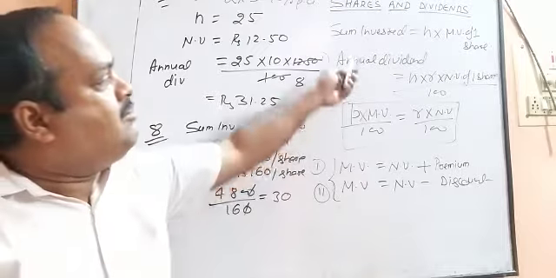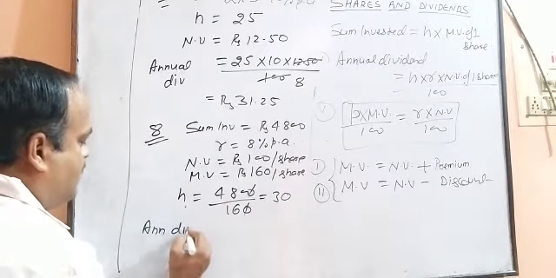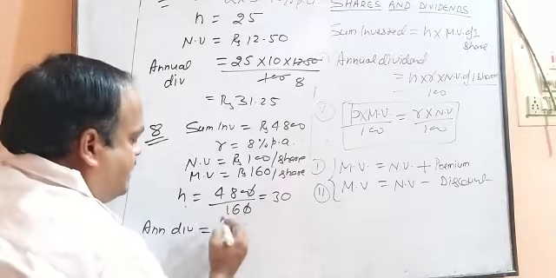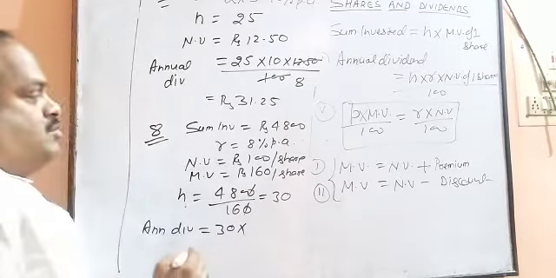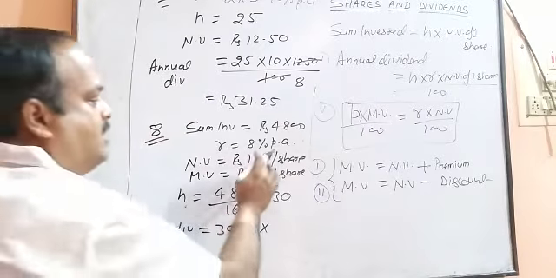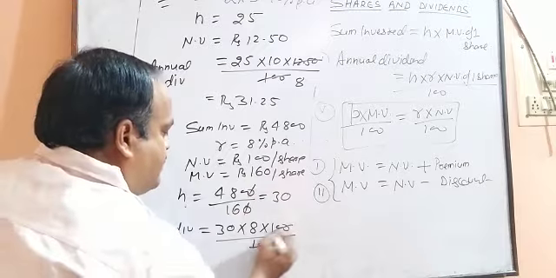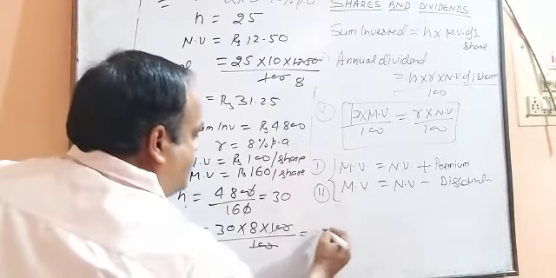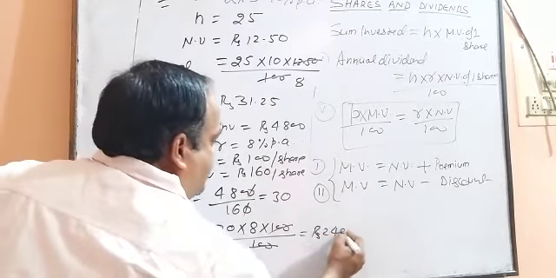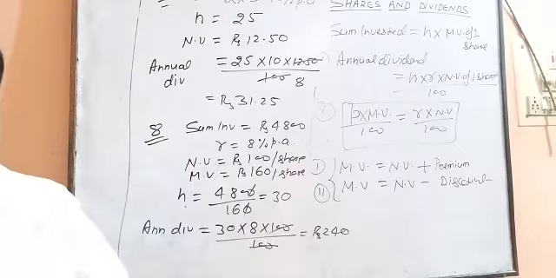Now we can calculate the annual dividend. Annual dividend is equal to number of shares into rate of dividend into nominal value upon 100, which comes as 240 rupees. So 240 rupees is the annual dividend.